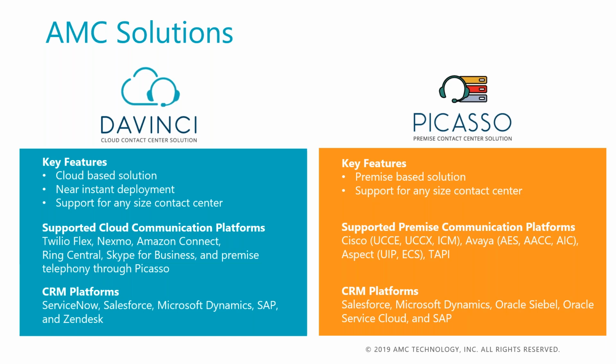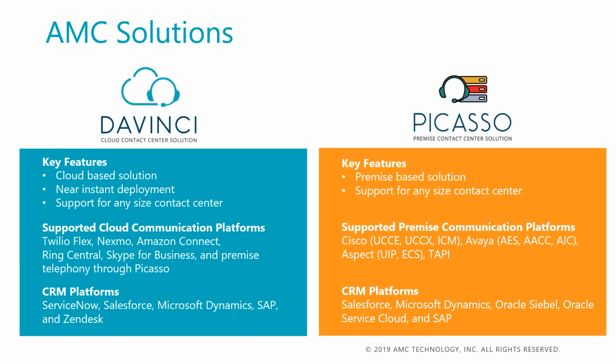In addition to that, we have our Picasso, which is a premise-based contact center solution that has been deployed globally. We have support for a humongous amount of call data coming in, with respect to any size contact center.